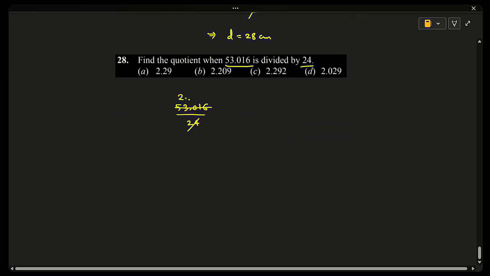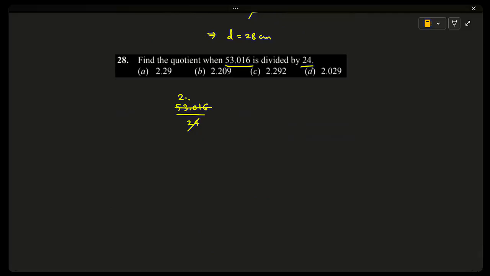So 53 minus 48, 5 is the remainder, will become 50. 24 2s are 48. 50 minus 48 is 2, 21. And use 0, it will become 216. So 216, is it a multiple of 24? Yes, it is a ninth multiple. So it should be 2.209. That is answer B.